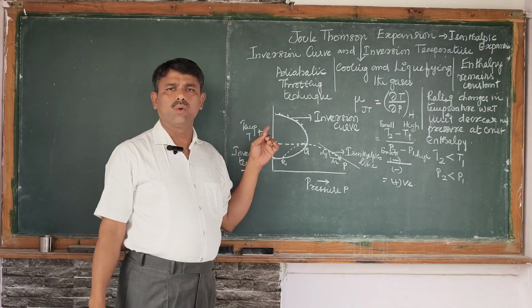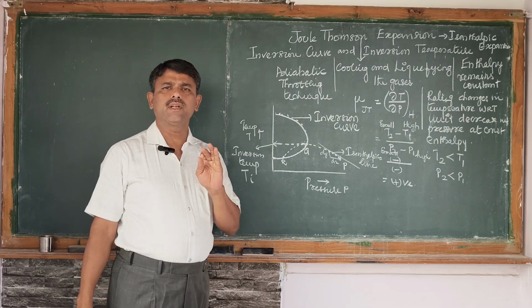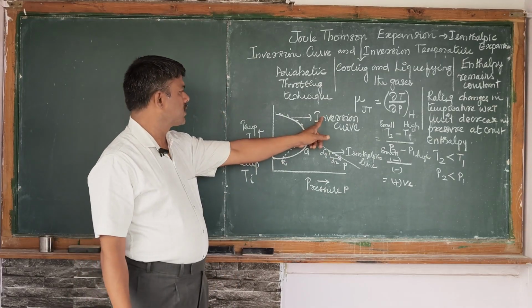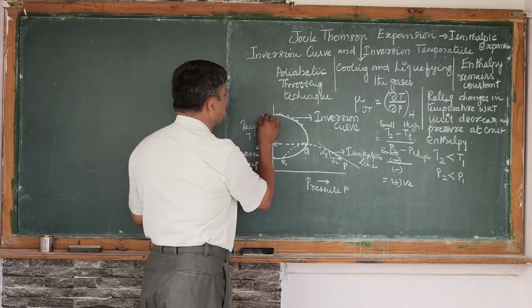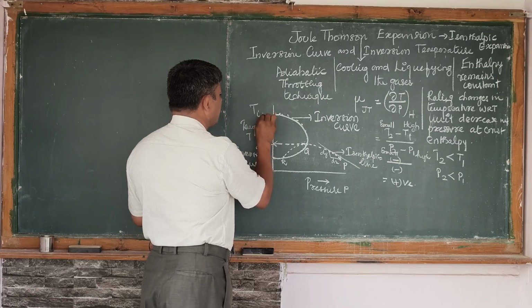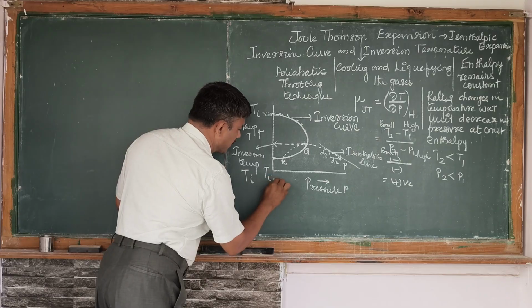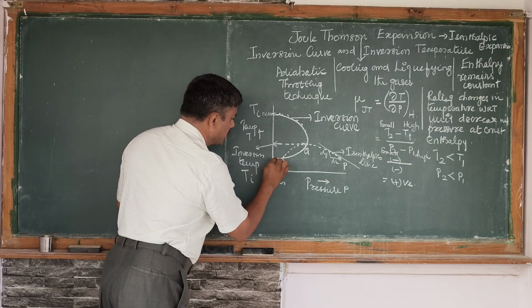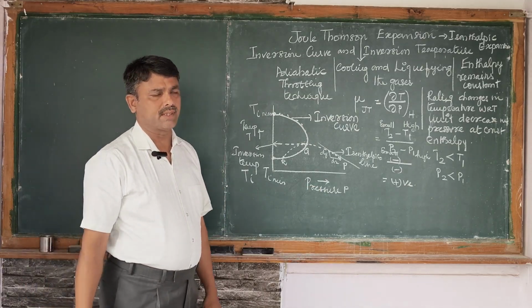Inversion curve is the locus of points where the Joule-Thomson coefficient becomes 0. This point is the minimum inversion temperature, and this is the maximum inversion temperature, T max.